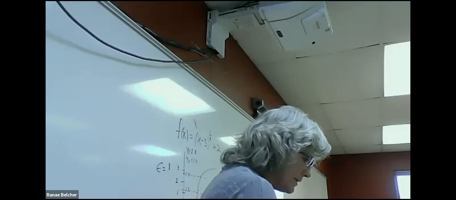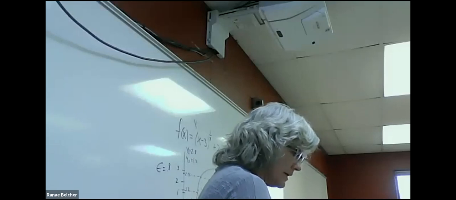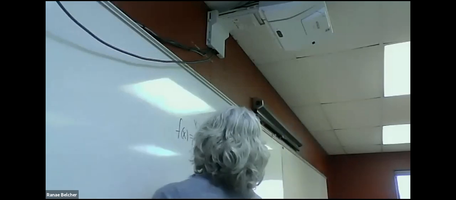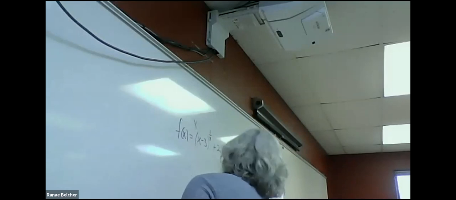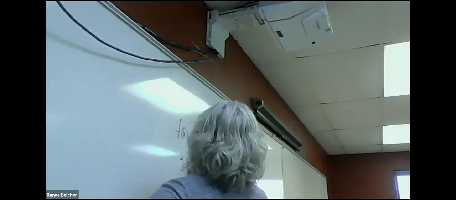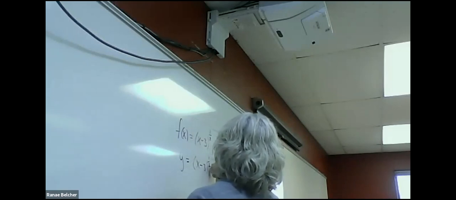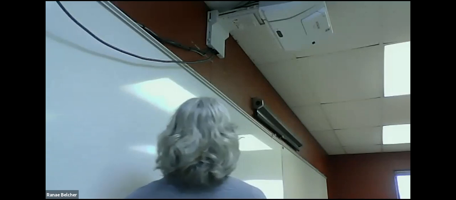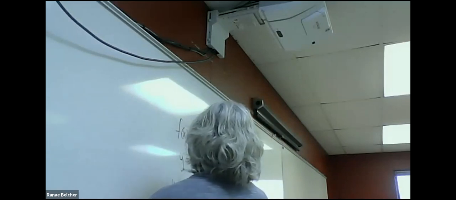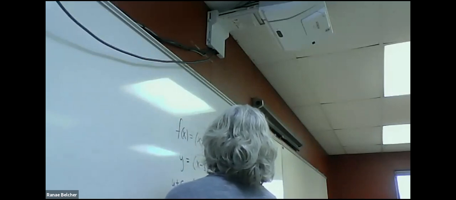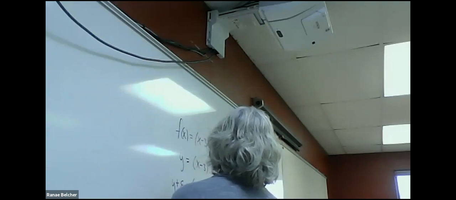On B, it says find the value of delta in part A algebraically. Okay, so here's what I wanted to do again for y'all. This is like having y equals x minus 3 plus 2. And when you want to find what delta is, you replace y with y plus epsilon and x with x plus delta.